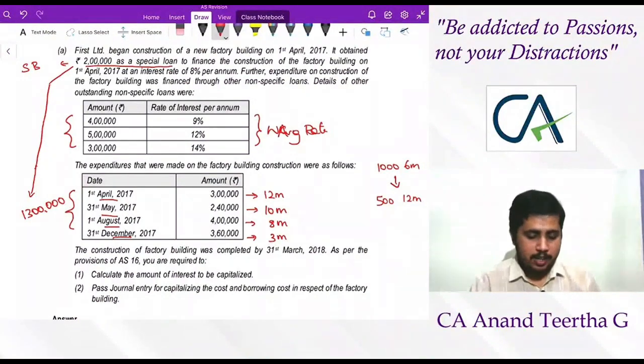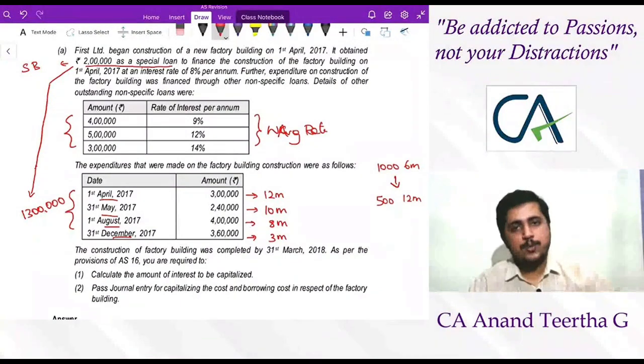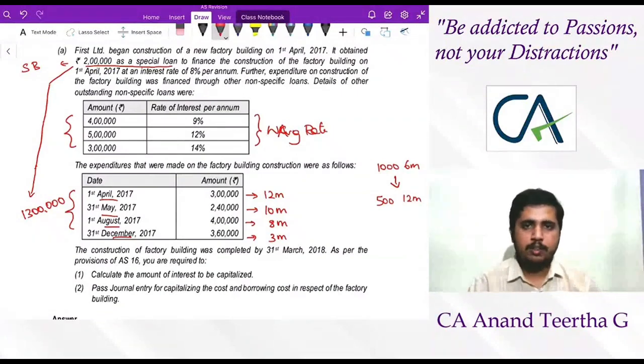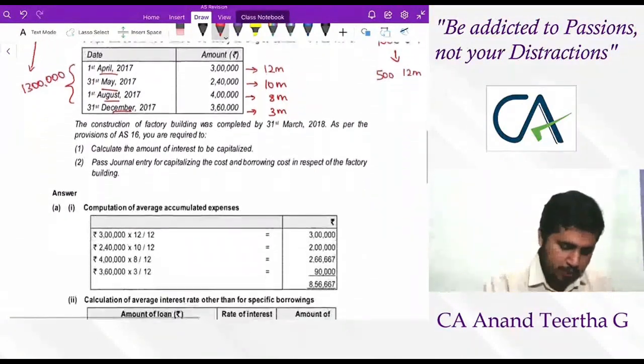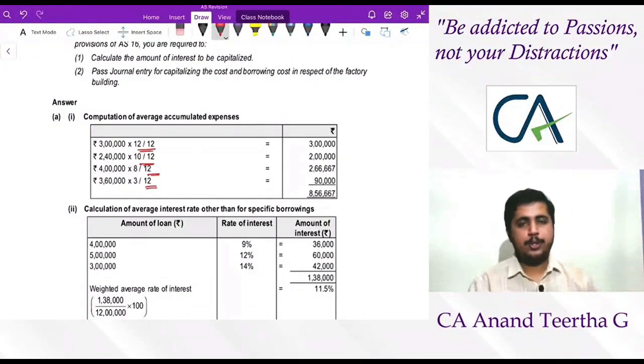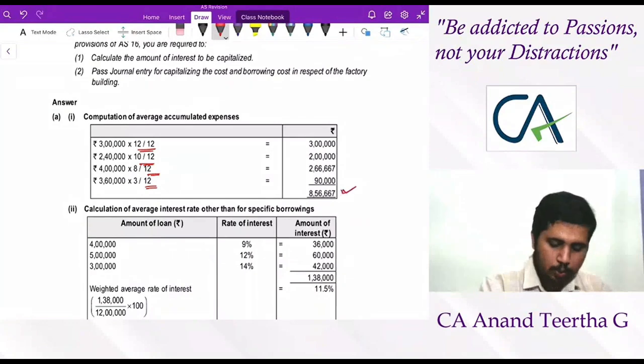In the same way, you have collected 2,40,000 for 10 months. If this was collected at the beginning itself, how much would have been the equivalent amount that you calculate? So that has been shown over here. See, look into it. So for the loan amount, you put the timeline of 12 by 12, 8 by 12, etc. You convert that different timeline loan amount into one timeline loan.